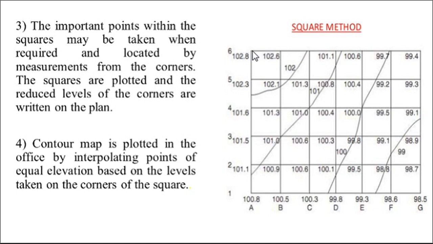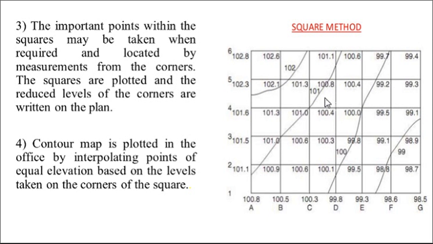So for example, for this the reduced level is 102.8, for this 102.6, for this 102.1, for this 101.3, and so on. Here it is 98.7 for this corner. For this corner it is 99.3, which means the ground is sloping like this.